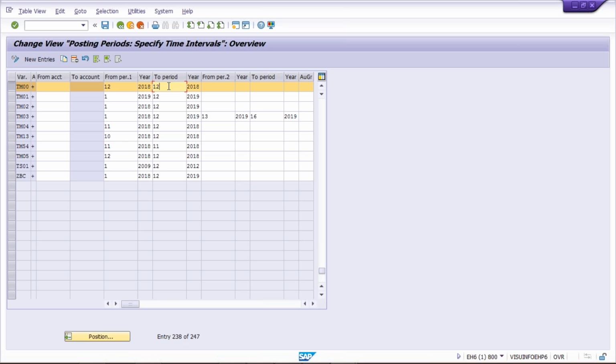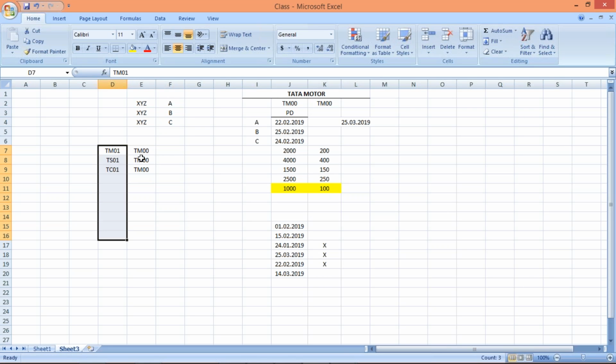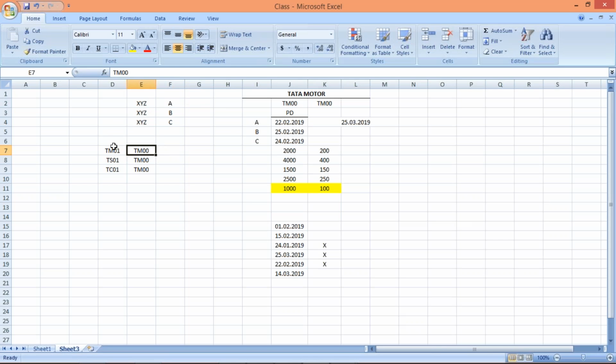But if every company code follows April to March itself, then create a posting period variant and assign this variant against all 100 company codes. And here the benefit is, once you open this posting period against your posting period variant, let's suppose the 12th period, March month, then March month is open against all company codes linked with this posting period variant.